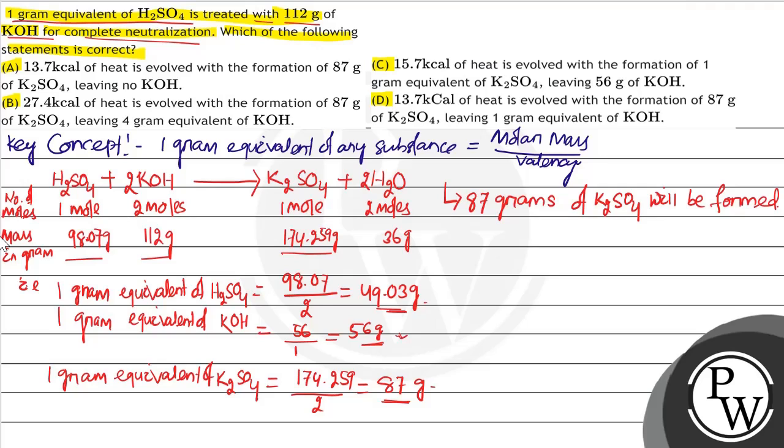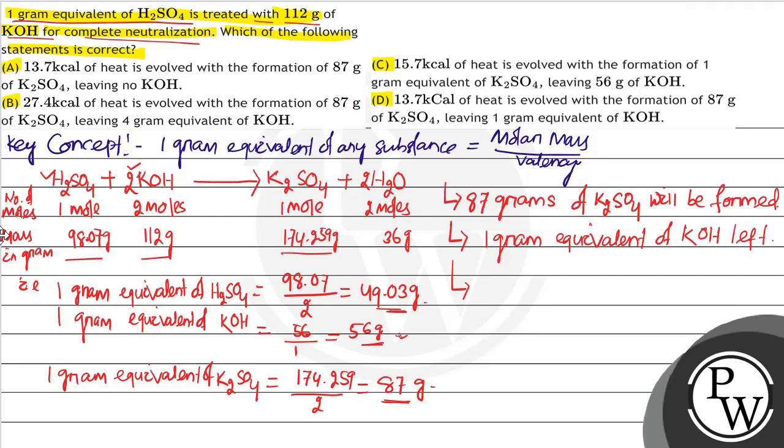Another 56 gram of KOH is left. So that is also equal to 1 gram equivalent of KOH left.